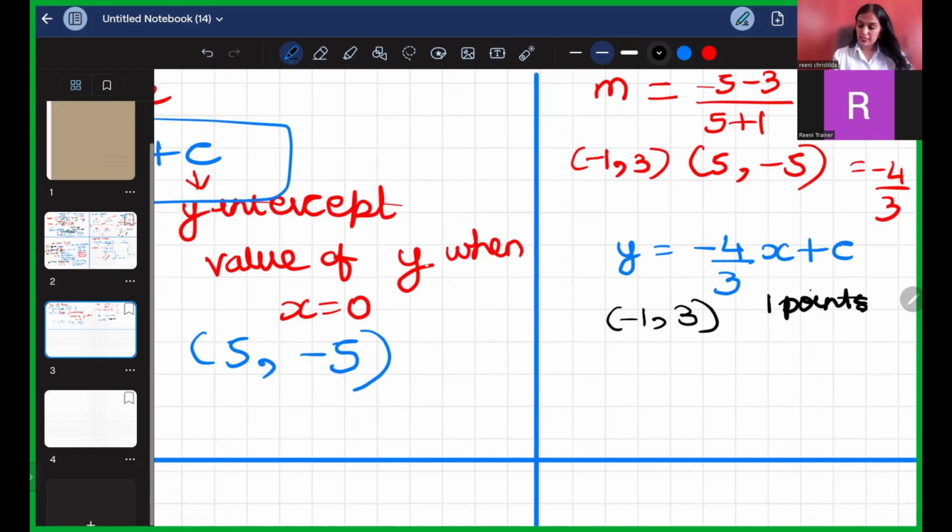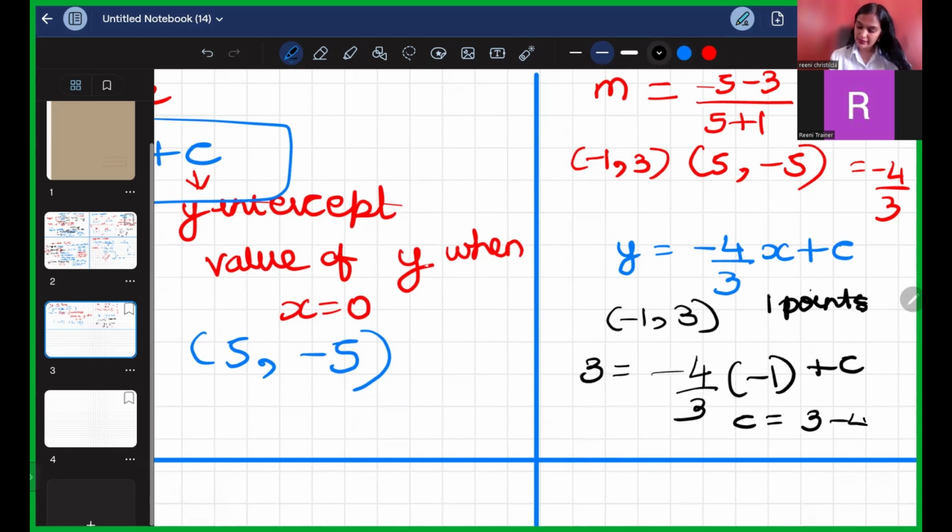So let's substitute this: 3 is equal to -4 by 3 into -1 plus c. So 3 minus 4 by 3 gives me 5 by 3. Now we have the y-intercept, which is 5 by 3. This is the equation of a line.